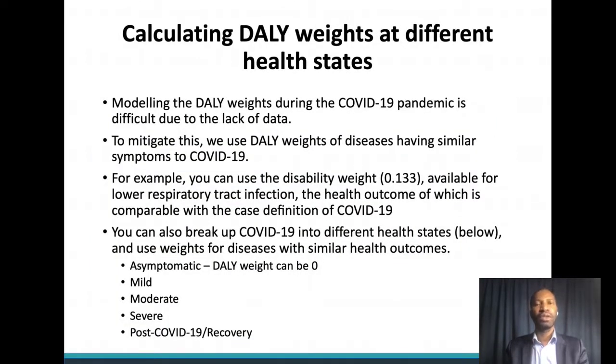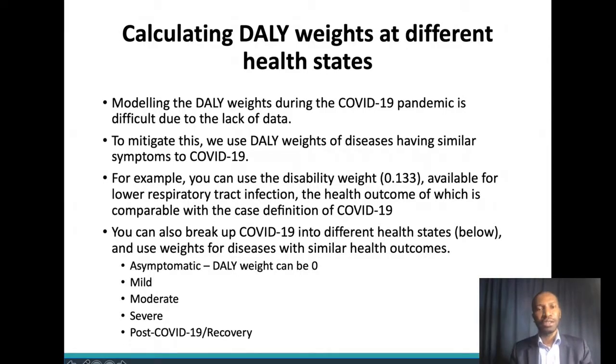We can also calculate the DALY weights at different health states. How do we calculate DALY weights at different health states? Let's take the example of the COVID-19 pandemic. Modeling the DALY weights during the COVID-19 pandemic is challenging due to the lack of data.